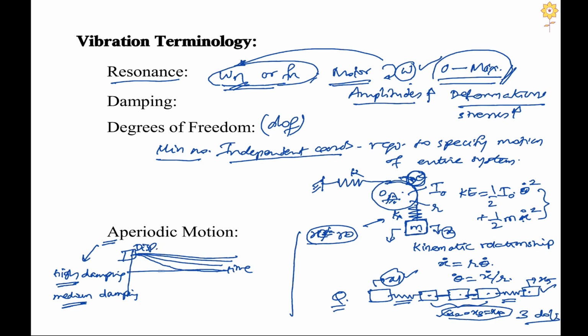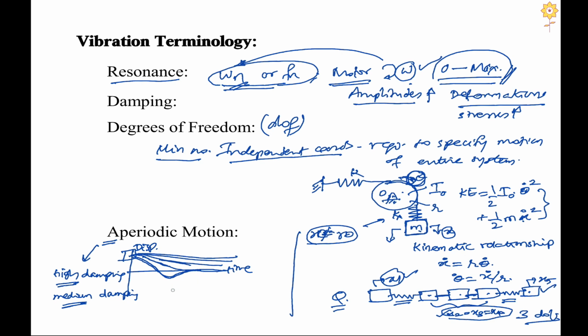right? So there might be the crossing of the mass to the other side of the mean position, but it may not come back to the same side of the mean position once disturbed. So there are a fair bit of chances of happening like this. So this one or this one, the mass may remain on the same side or on the different side, but it will not come back to the same side, right?